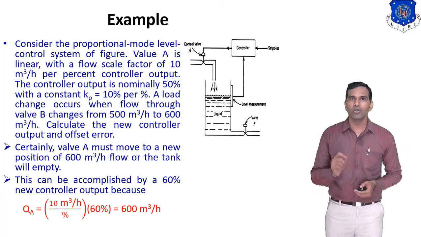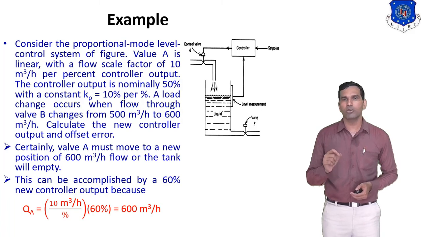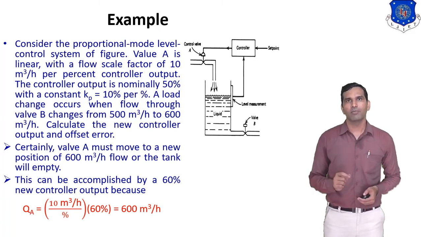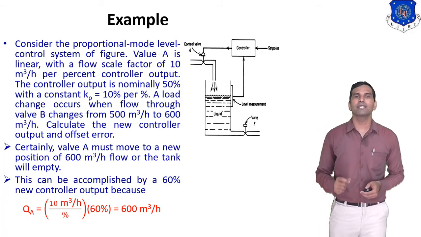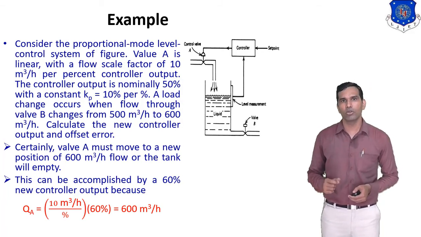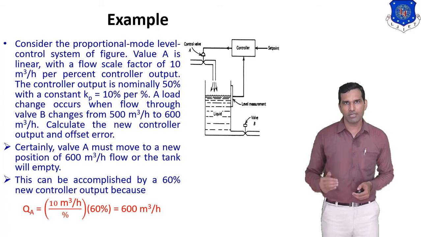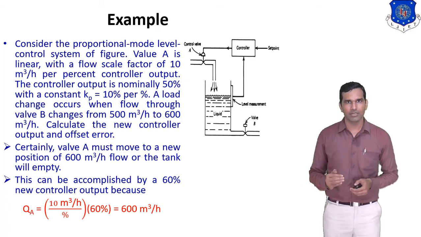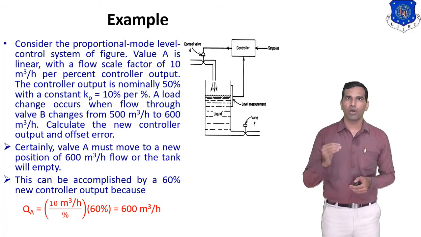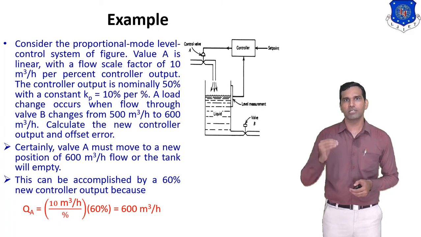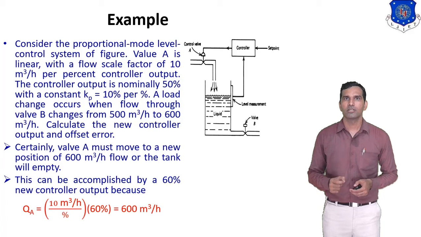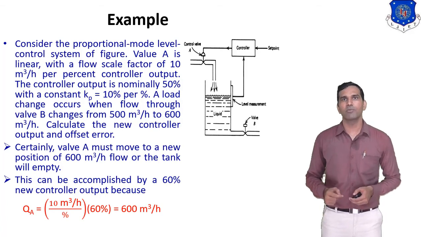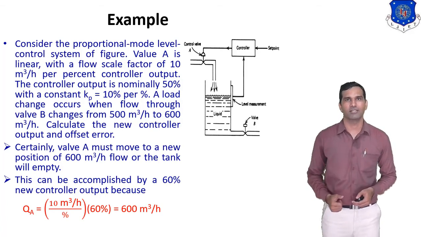Because QA is equal to 10 meter cube per hour per percent into 60%, so we get 600 meter cube per hour. That means if we increase the output from 50% to 60%, then we can control the system for the 600 meter cube per hour flow rate.